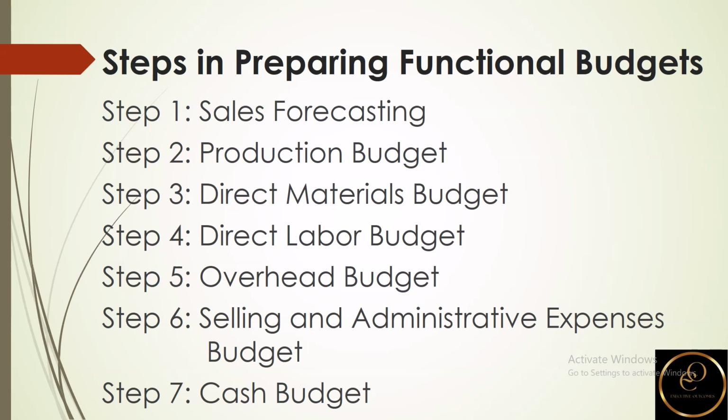So what will determine what you are going to produce will be dependent on what you have estimated to be your sales. So normally the sales budget will be the first budget to be prepared because it can be taken to be a limiting factor. So you synchronize your production to quantities of sales. That's why the next budget will be the production budget.